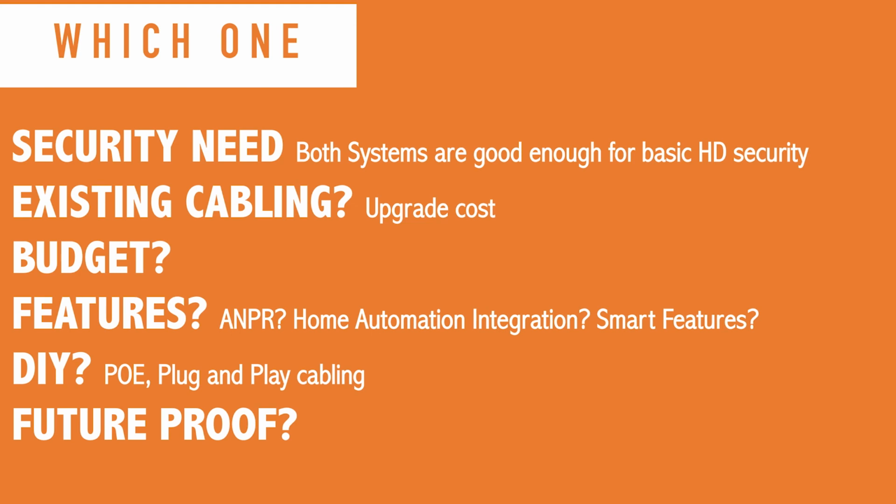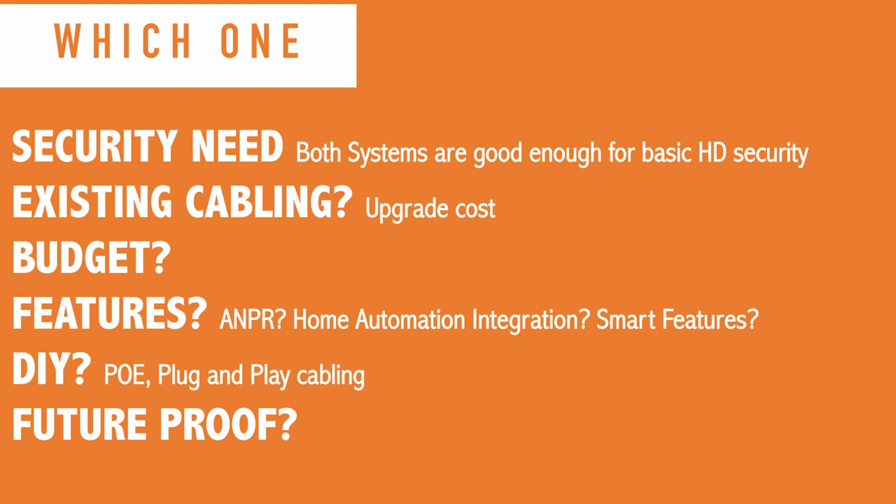And vice versa, if you already have Cat5e Ethernet cable in place, then you might want to look at using that to put an IP system on the existing infrastructure. Thirdly, what's your budget? Generally, analog systems are cheaper than the IP systems, and if you're on a budget, then an analog system might make sense.